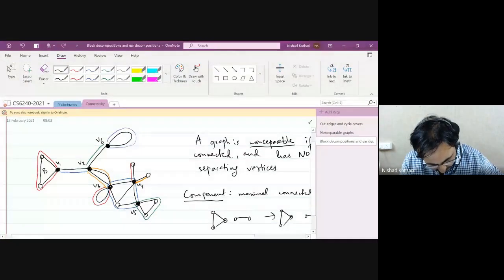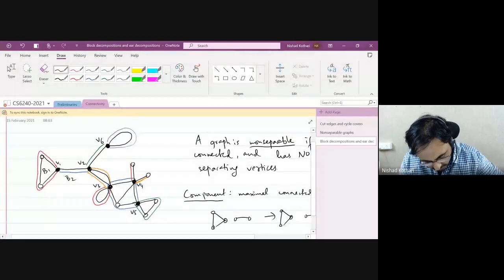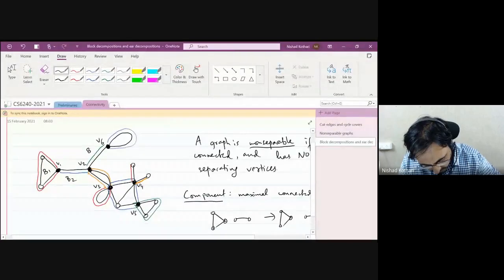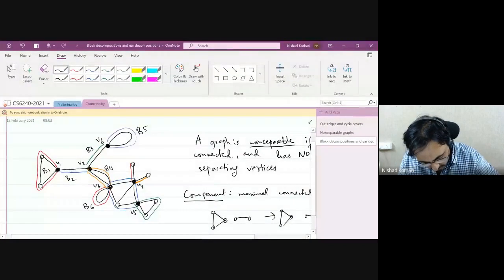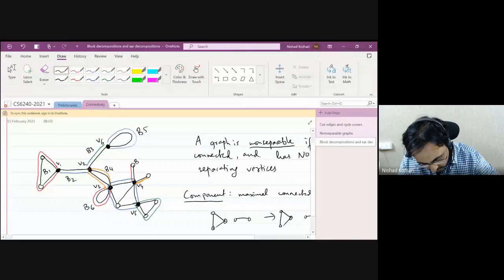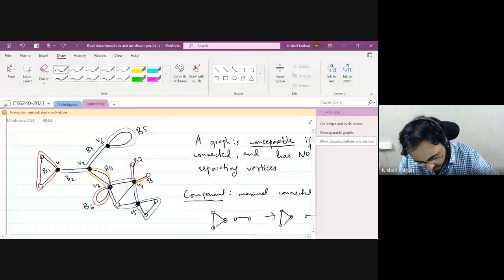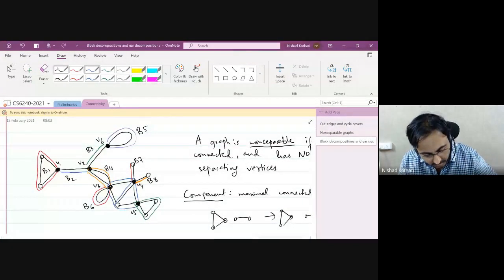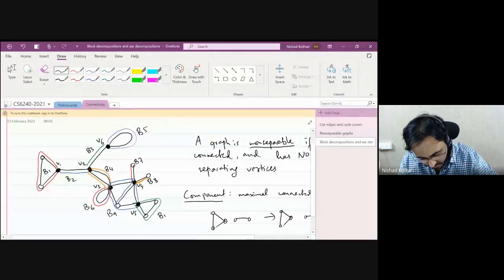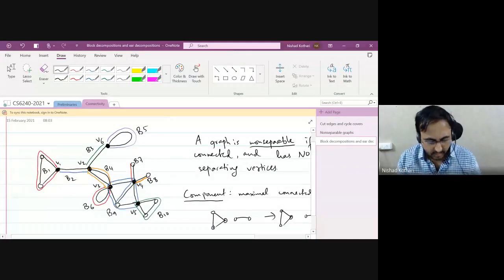B1, B2, B3, B4, B5, B6, B7, B8, this big blue colored block. Oh, I forgot to mark one edge. Sorry. This edge is part of the blue block. B9 and B10. Notice that every edge has been included in exactly one of these 10 blocks.